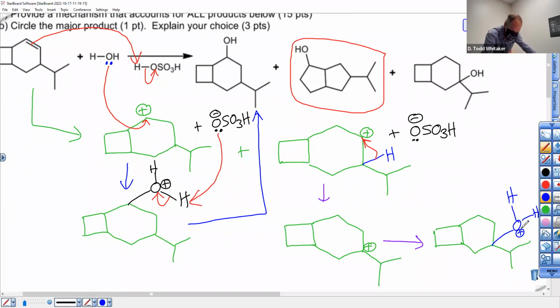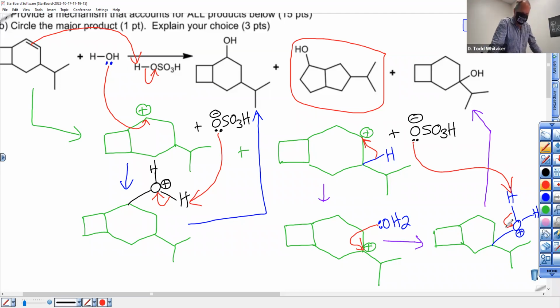You draw another H2O, and you make sure that lone pair makes a bond with an arrow all the way to the C. And then how does the oxonium become the third product there? How did the other oxonium become the first product? Sulfate ion grabs H. We have a sulfate already here. Grabs H. Right there.